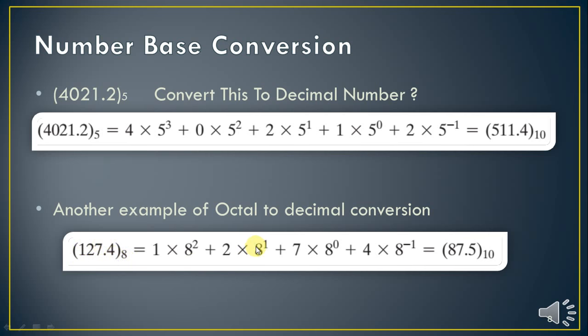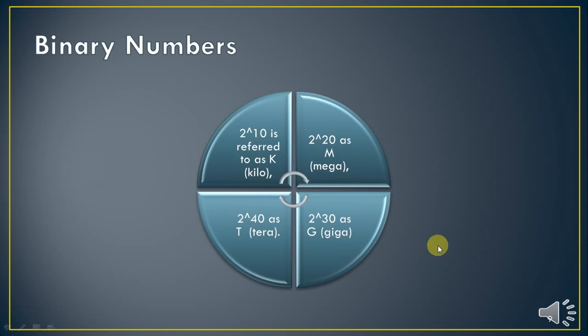The digit to the right of the point will be multiplied as 4 into 8 to the power of minus 1. So the decimal equivalent of the octal number is the sum of their individual multiplications.